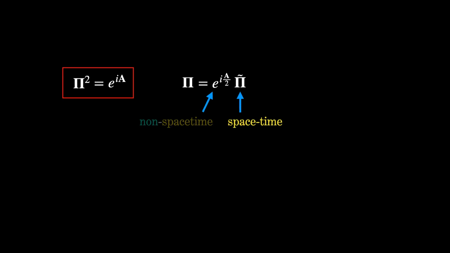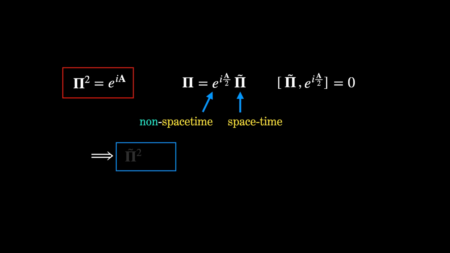The first part is the square root of e to the iA. This is the non-spacetime part, while the second part is the spacetime operator, pi tilde. This decomposition and the relation in the red box imply that the square of pi tilde is equal to 1.